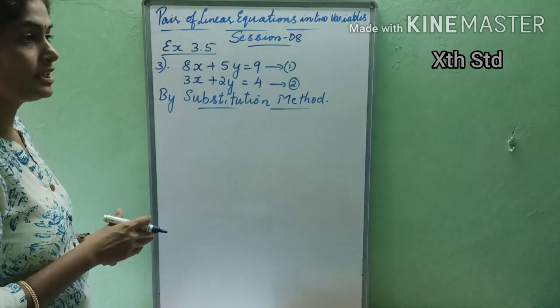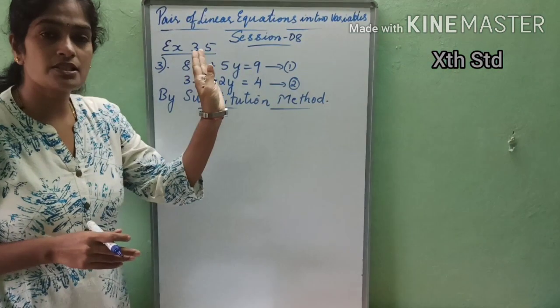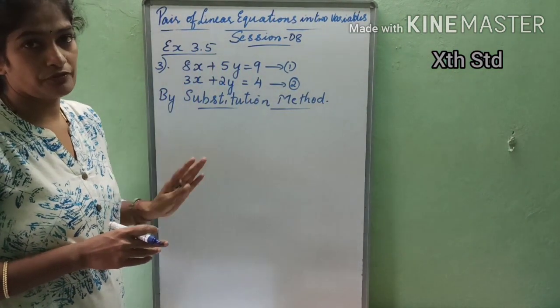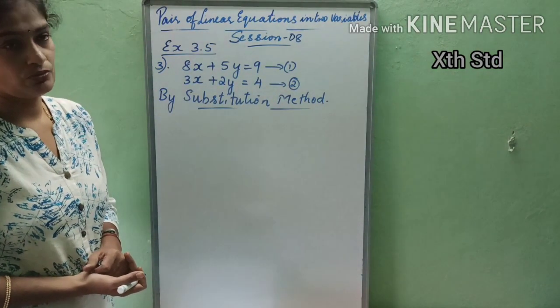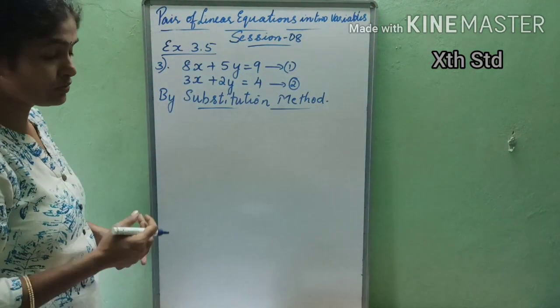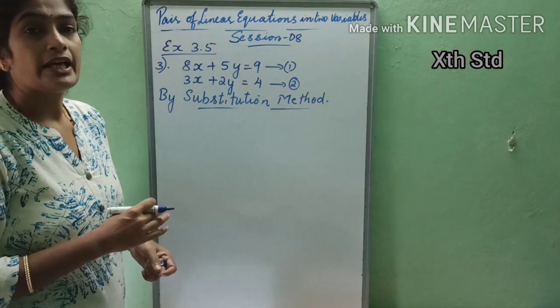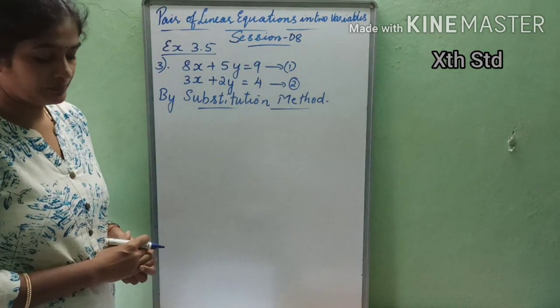As we have earlier learned, you can express either x in terms of y or y in terms of x and substitute that in the other equation given to you. So let's take equation 1 and try to substitute x in terms of y.